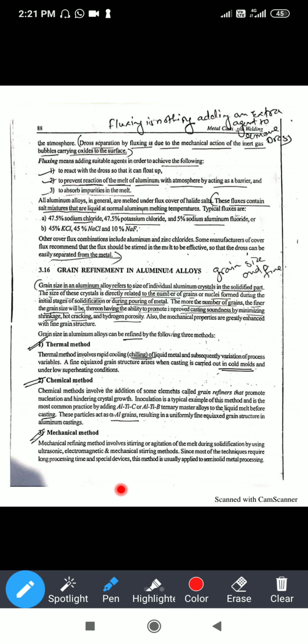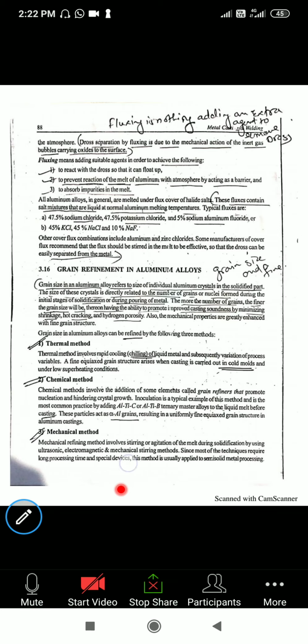The third one is the mechanical method. The mechanical refining method involves stirring or agitation. So now let us see what stirring is. It is the continuous rotating of the liquid metal, by which the heat is removed or extracted from the liquid and the temperature of the molten metal is reduced.